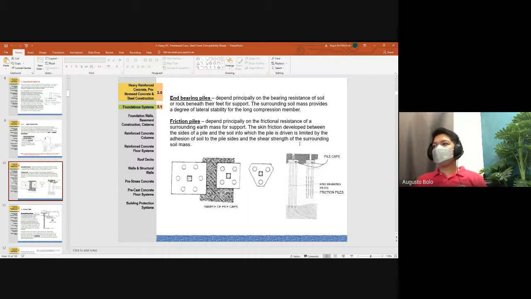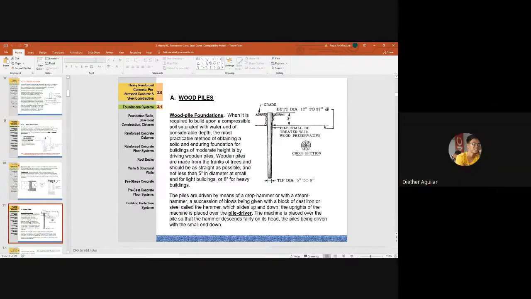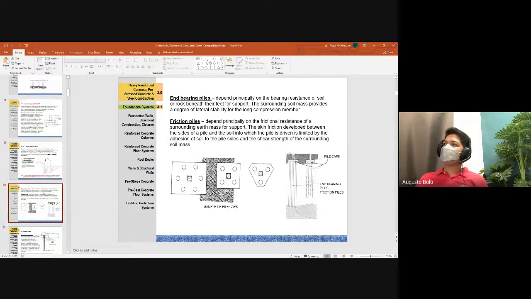So the length is case to case. In the case of Uma Residences, I think the piles were near 3/4 of the height of the structure. That is why the foundation system took a long time to build. Did I answer your question? Yes, sir. Thank you.